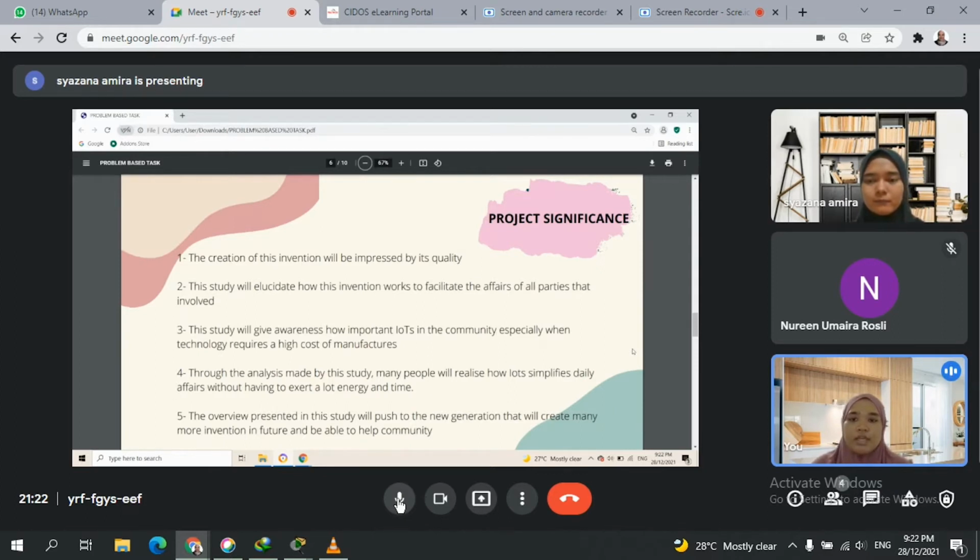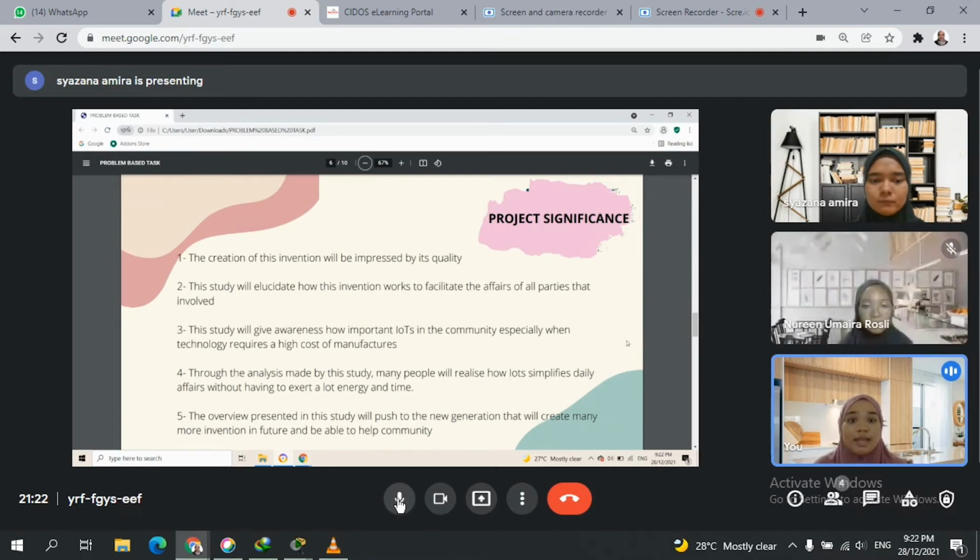Through the analysis made by this study, many people will realize how IoT simplifies daily affairs without having to exert a lot of energy and time. And the last one is the overview. Presented in this study will push the new generation to create many more inventions in future and be able to help the community.